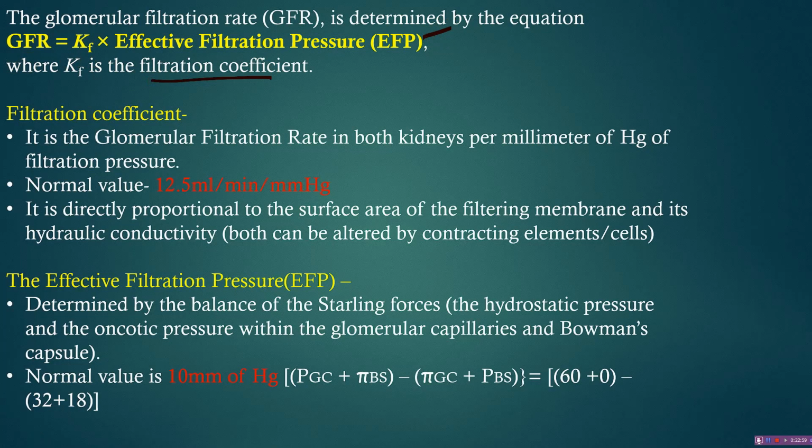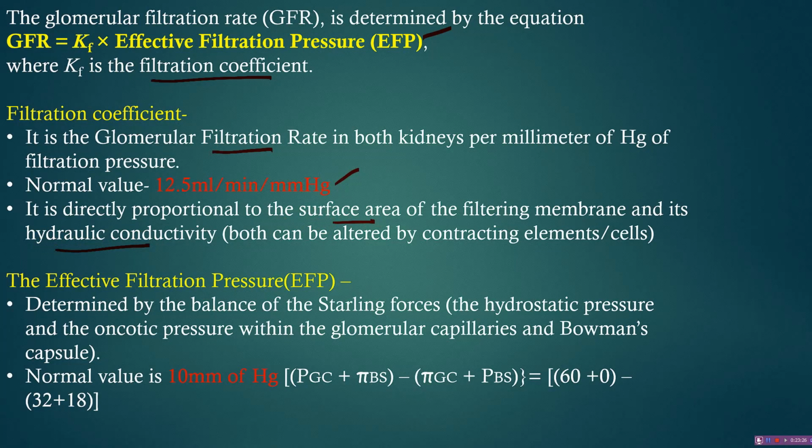Now, what is this filtration coefficient? It is the GFR in both kidneys per millimeter of mercury. The normal value is taken to be 12.5 milliliter per minute per millimeter Hg. It is directly proportional to the surface area of the filtering membrane and hydraulic conductivity.